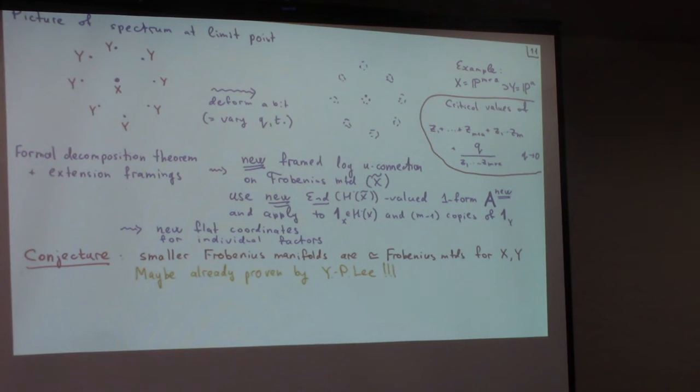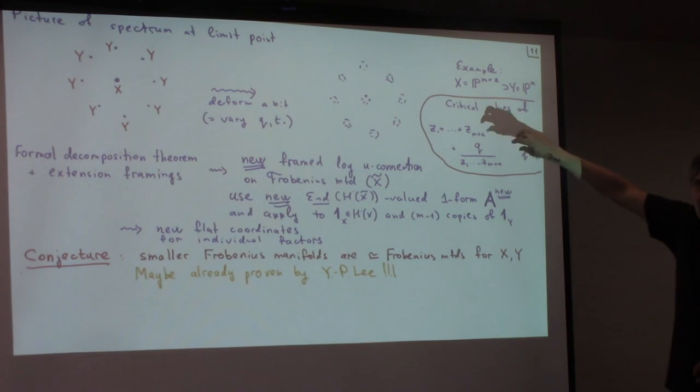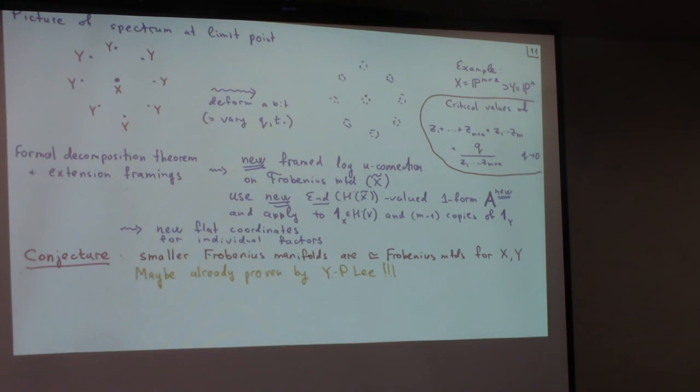Now that's a limiting point. Now we deform the variables to Q and T. I claim this point will separate. You get more eigenvalues, exactly the rank of whatever you should get here, and one can do a simple calculation. Let's consider a projective subspace and a projective space.